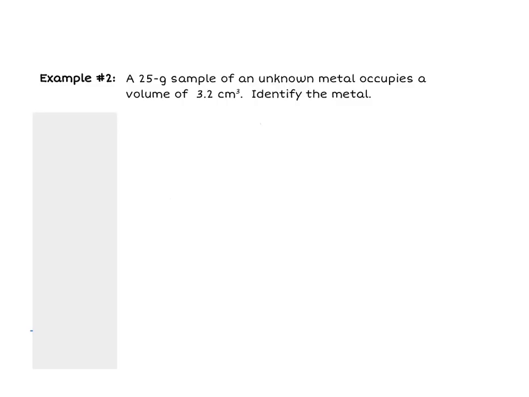So here is my example. A 25-gram sample of an unknown metal occupies a volume of 3.2 cubic centimeters. Identify the metal. All right, so in order to keep things nice and organized when we're problem solving, you can choose to use something called the GRASS formula.